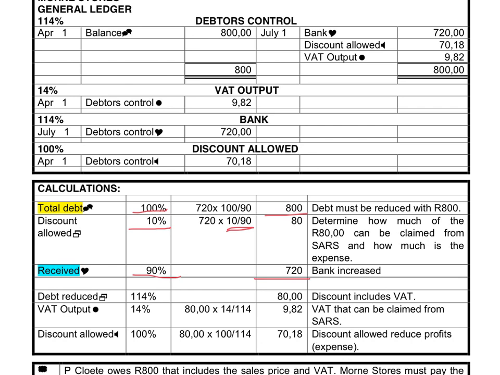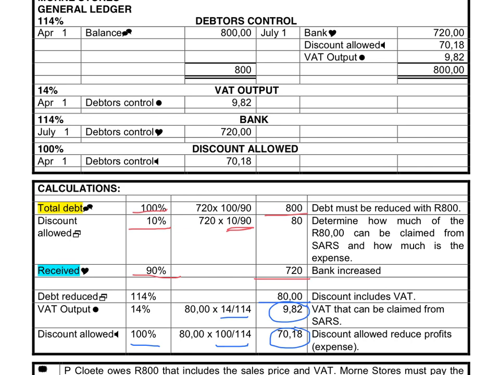So for this amount of 80 rand that we calculated as discount, we must make a split and say how much of this money is discount for the business that will reduce their profit. So it will be 100 over 114, and this is the loss for the business. If you say VAT, then that's 14 over 114, and that will give me 9 rand 82.